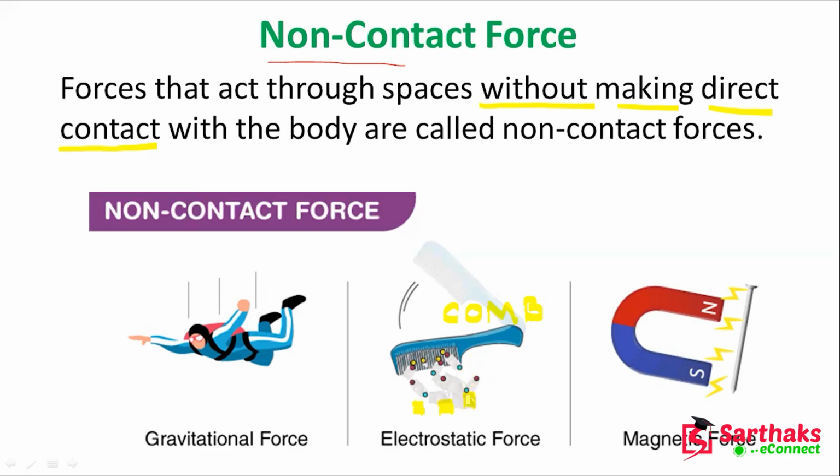Okay. Then this is the magnetic force, and suppose you have some bar magnet here, and there are some nails here at a distance, or you can also use pins.